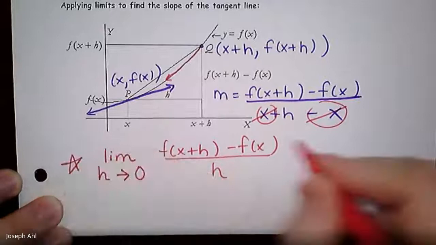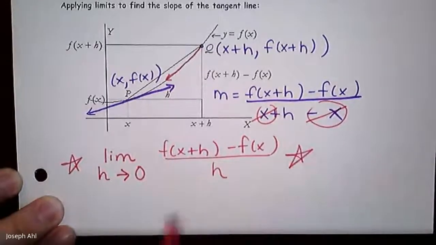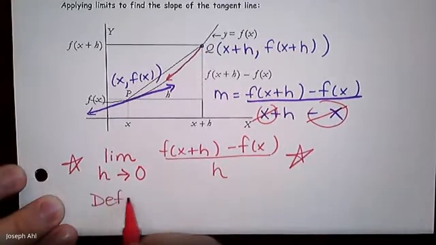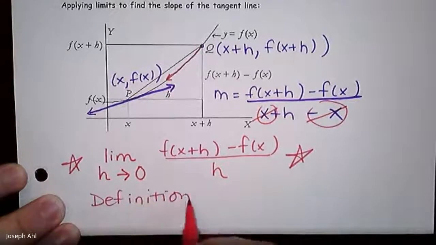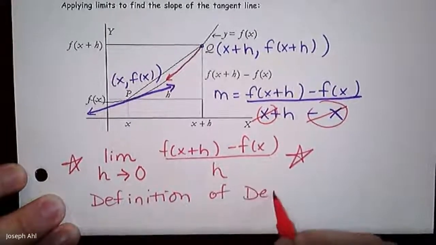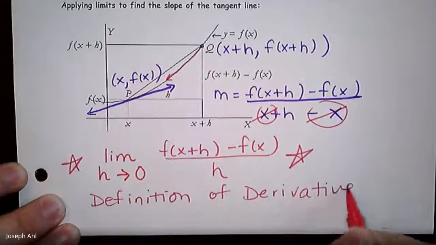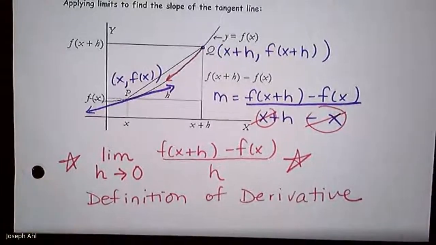And this is a super important concept in the study of calculus. This is called the definition of the derivative. Okay, so this is the most formal way that we can find a derivative by taking the limit as h approaches 0 of f of x plus h minus f of x all over h.